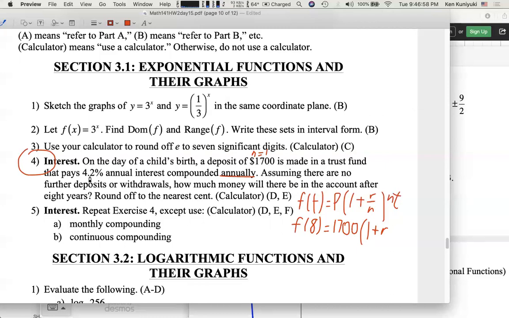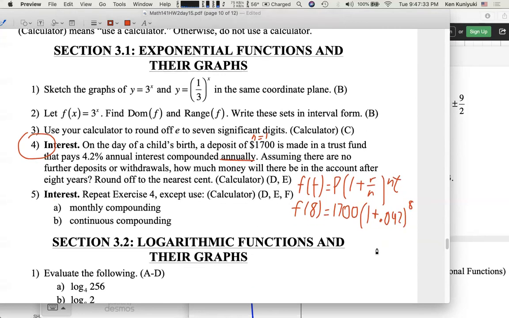What's 4.2% as a decimal? Good, because 4% is 0.04. So 4.2% is 0.042. 4% is 0.04, right? So that's the way I think of it. So r is 0.042. You can put the 0 in front if you wish. Again, n is 1 and t is 8. So I believe that's a setup.